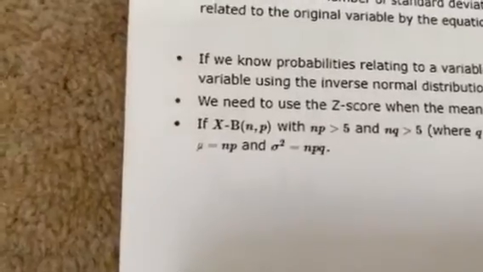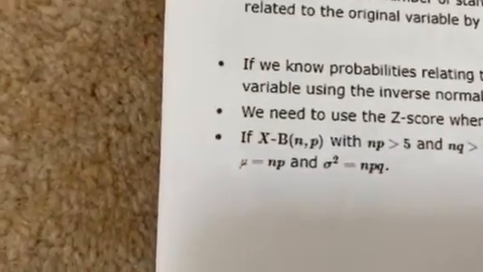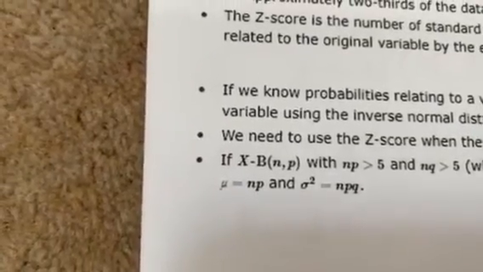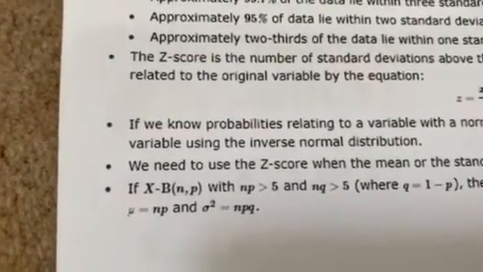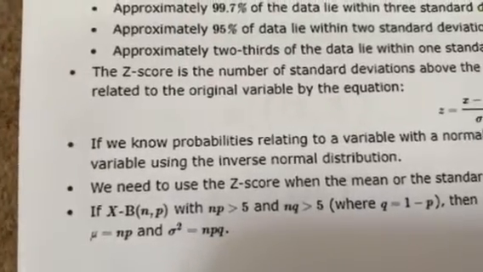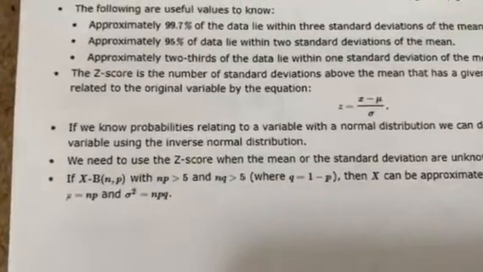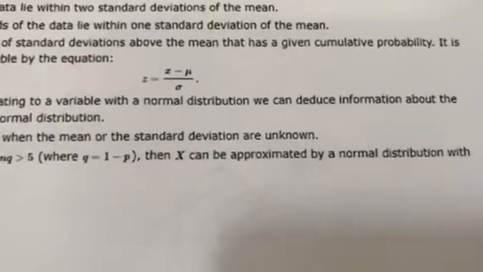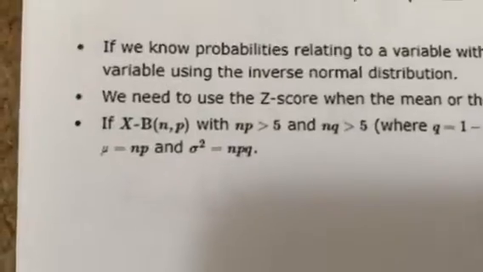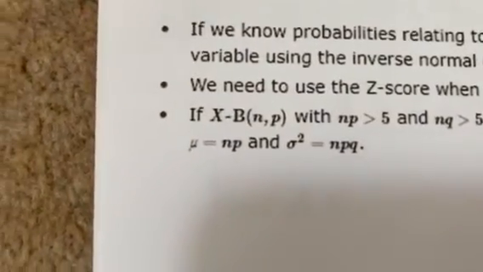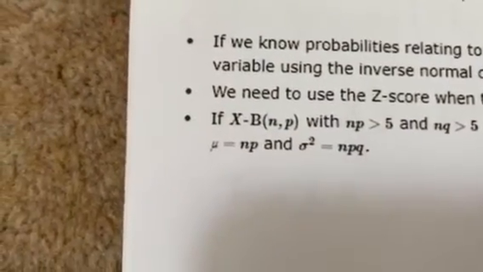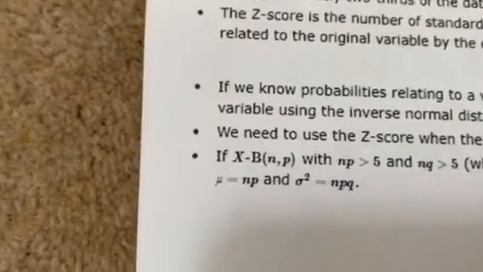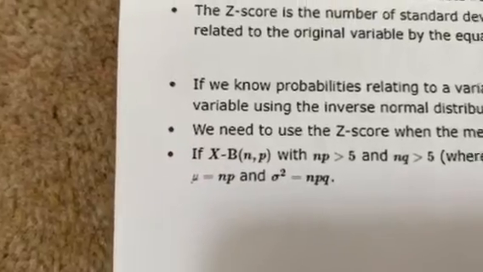And we also know that if we have a binomial where we have a large value of n, if n times p is greater than 5, and n times q is greater than 5, where q is the probability of a failure, then you can approximate that binomial distribution using a normal distribution, where the mean is n times p, and the variance is n times p times q, or n times p times 1 minus p.